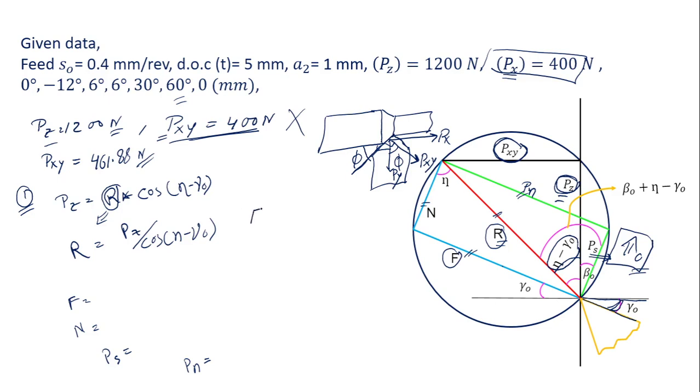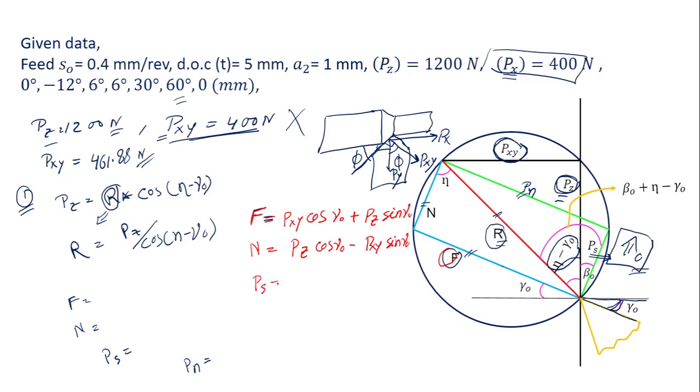The friction force F is equal to Pxy cos of gamma naught plus Pz sine gamma naught. I will explain how you can remember this equation, so wait for a second. Then the normal force is Pz cos of gamma naught minus Pxy sine of gamma naught.